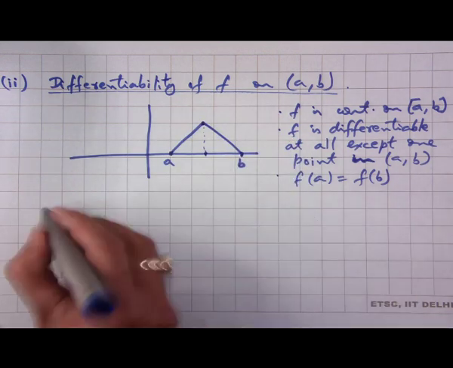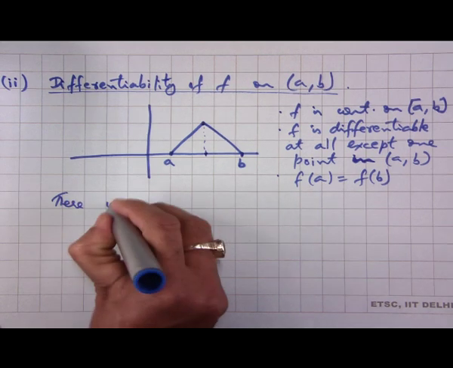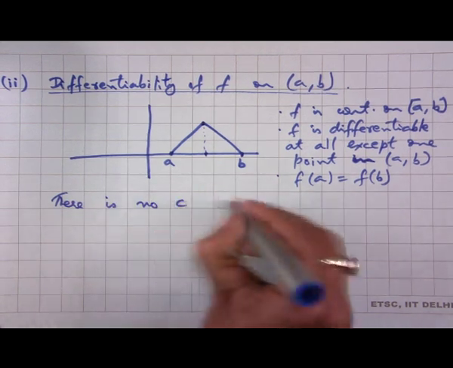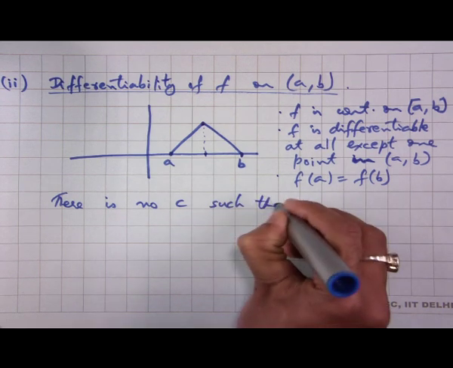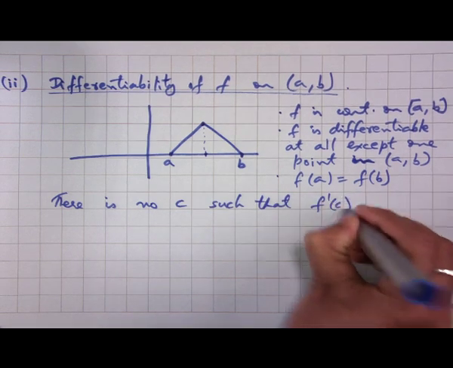So, there is no C such that f prime of C is equal to 0.